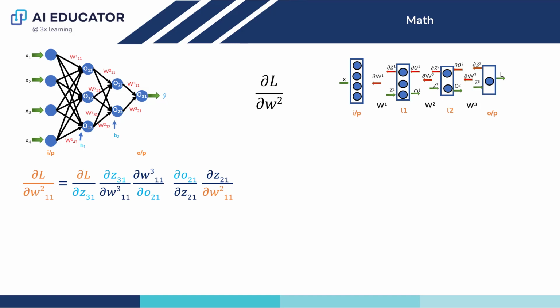So ∂L by ∂W211 equals ∂L by ∂Z31 into ∂Z31 by ∂W311 into ∂W311 by ∂O21 into ∂O21 by ∂Z21 into ∂Z21 by ∂W211. In a similar way, we can calculate ∂L by ∂W221 and ∂L by ∂W231.